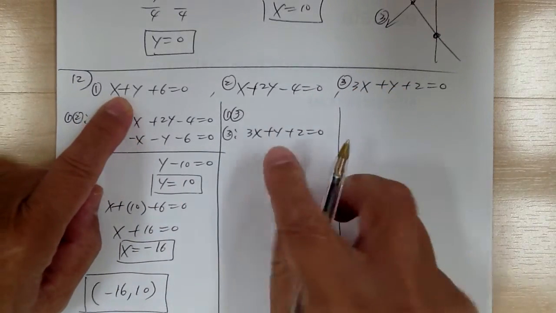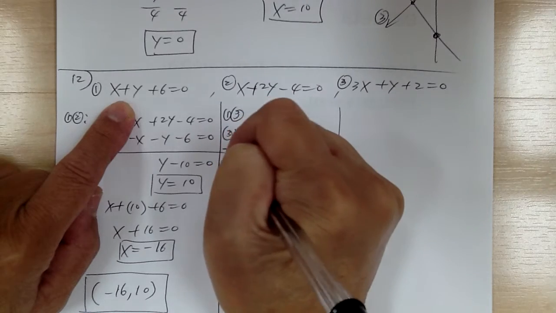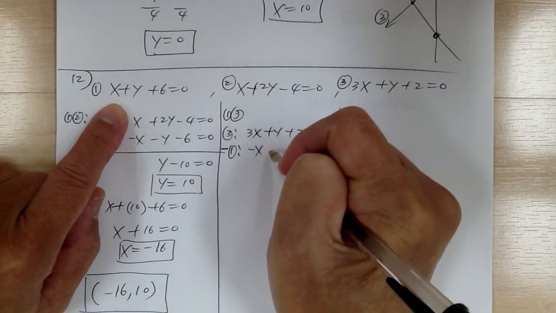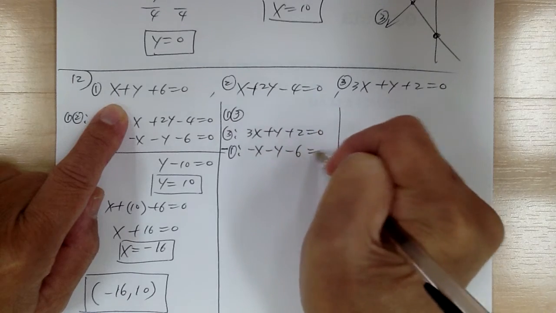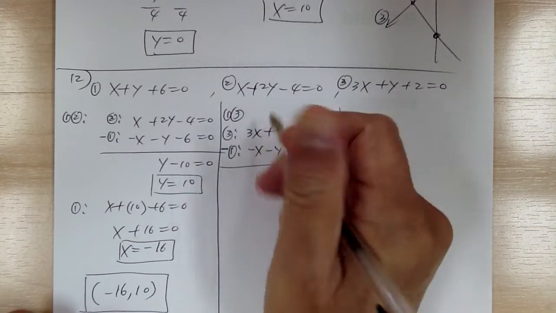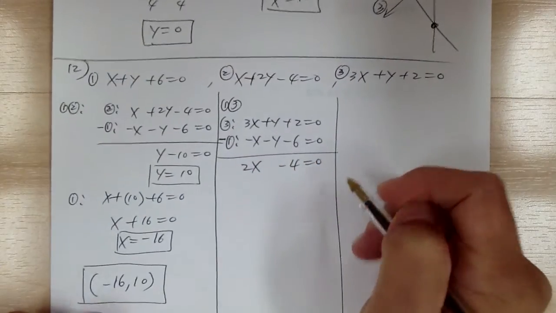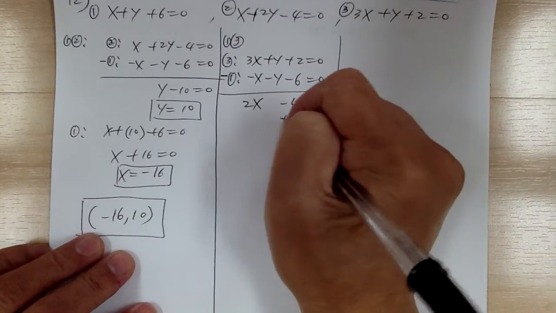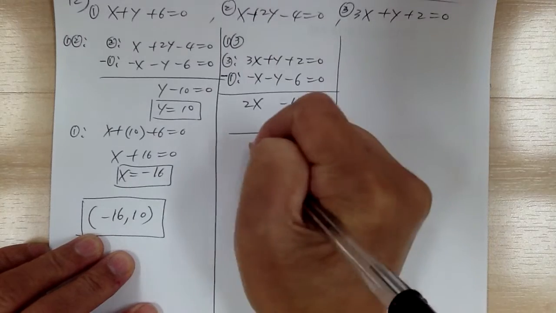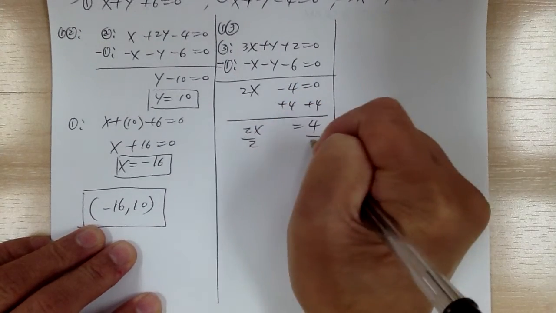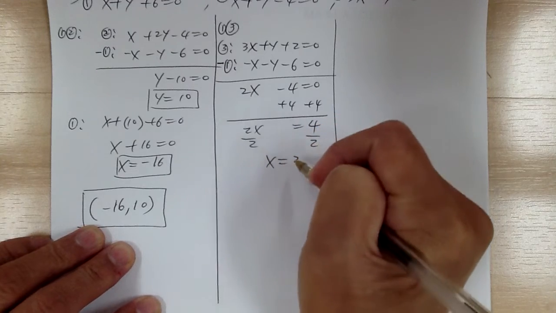And I'm going to make this opposite. So negative equation 1, I get negative x minus y minus 6 equal to 0. When I add, I get 2x minus 4 equal to 0. So plus 4, I get 2x equal to 4, divided by 2, divided by 2. So I get x equal to 2.